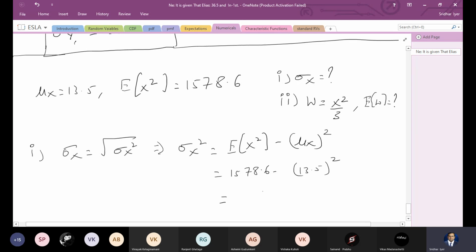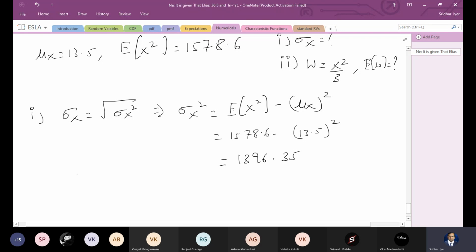I've already solved this numerical. I get 1396.35, and therefore the standard deviation sigma x, the square root of 1396.35, I get around 36.36.